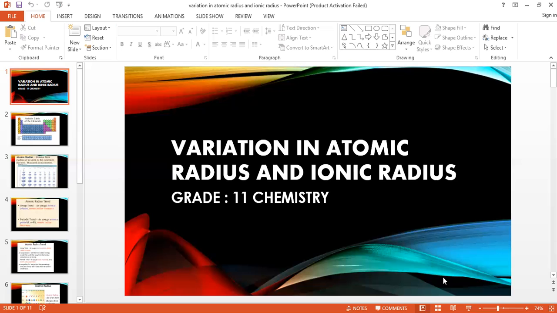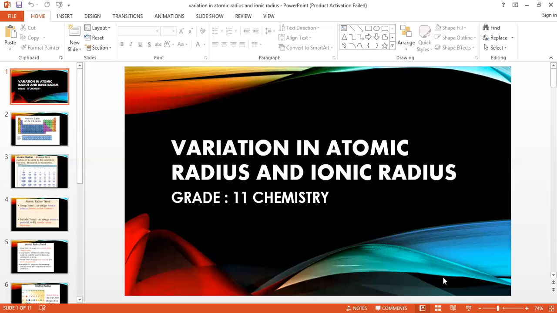+1 means how many electrons left out of 11? 10. Good. First shell, how many electrons? 2. Second, how many? 8. Do you need to draw the third shell? No, because we removed the electron. So here, how many shells? How many energy levels in atomic form? 3.